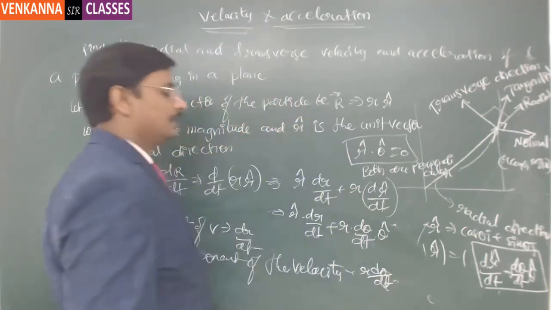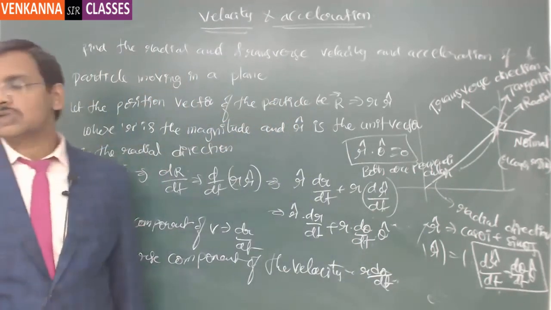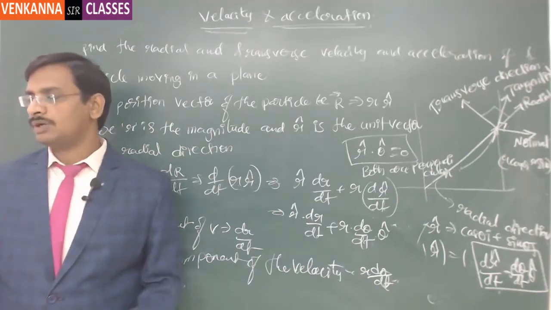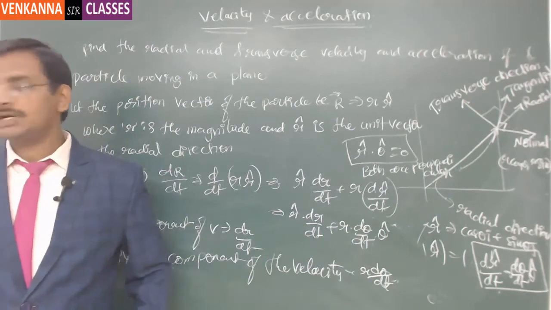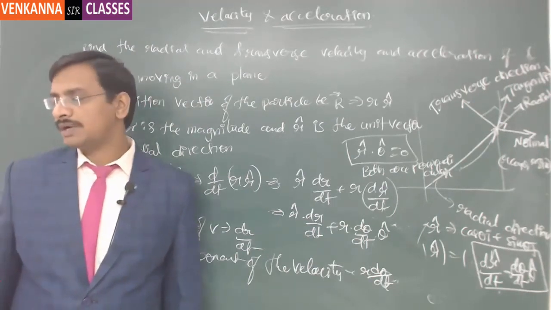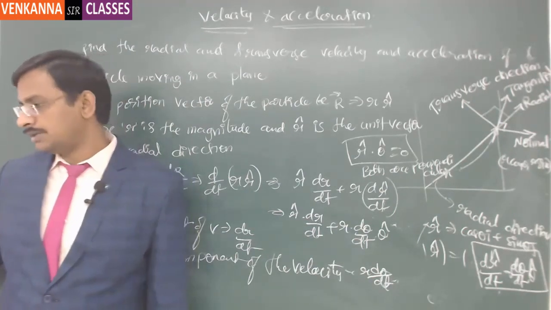So r d theta by dt is nothing but the transverse component of the velocity. Got it? Understood? Radial component and transverse component, how we were able to calculate it.